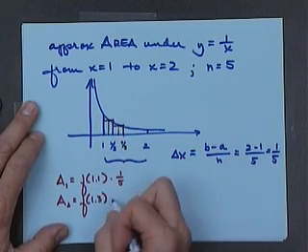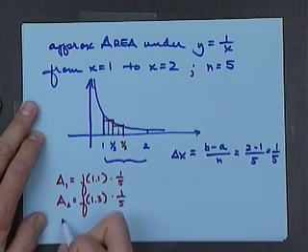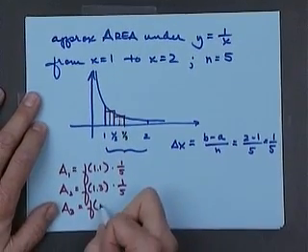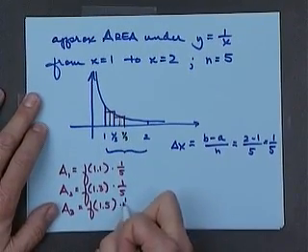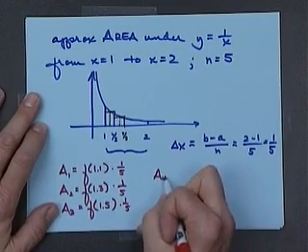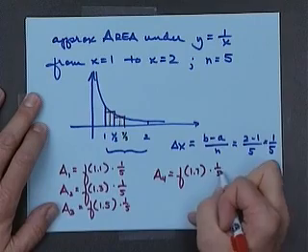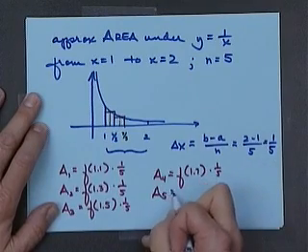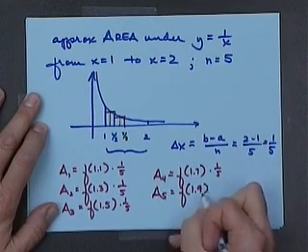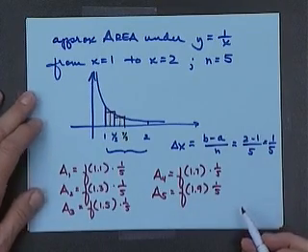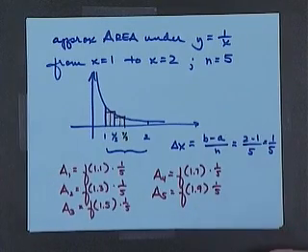Or 2/10 of a unit away. So the f of 1.5, the f of 1.7, f of 1.9. So if we were to add all these together, this would give us an approximation for the area under this curve.